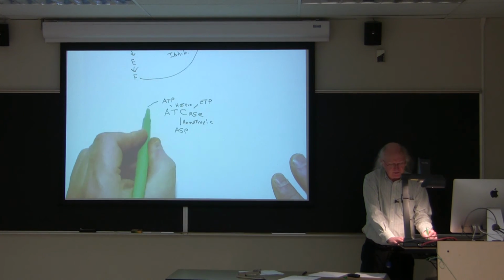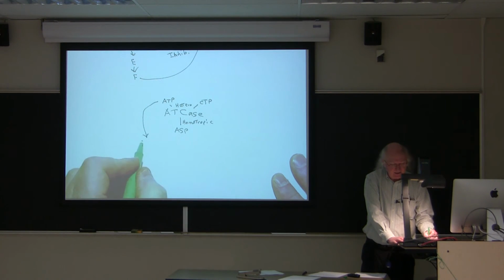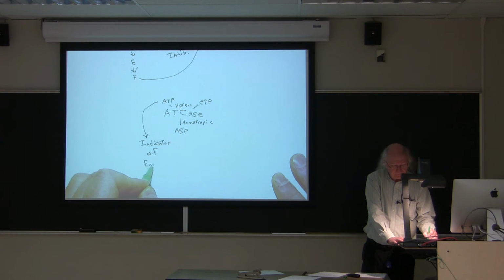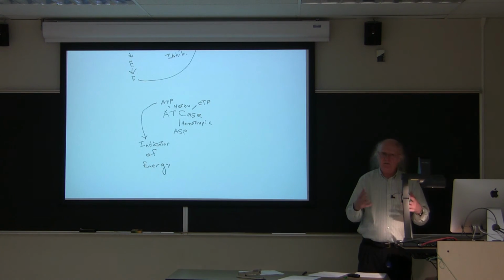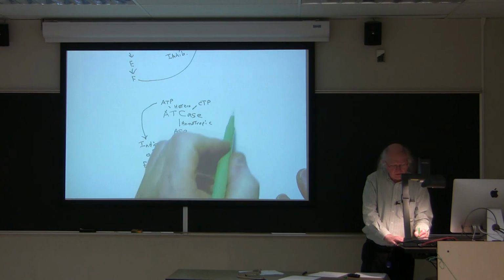ATP, for example, we can think of as an indicator of the energy state of a cell. High levels of ATP would be consistent with the cell having a high energy state. And as cells need to do things like divide, they need to have a fair amount of energy available so they can perform all the tasks necessary for the replication of the DNA and the division of the cell.